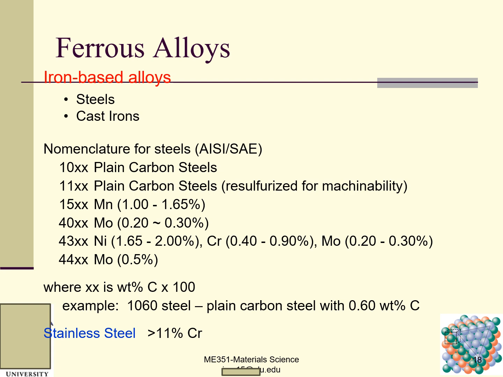For example, 1060 means that the carbon composition is 0.60%. On stainless steel, you should know that the chromium composition must be equal to or greater than 11%. And to be safe, we will use 30% chromium.